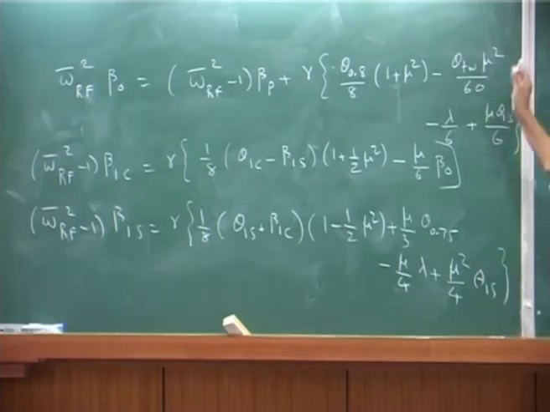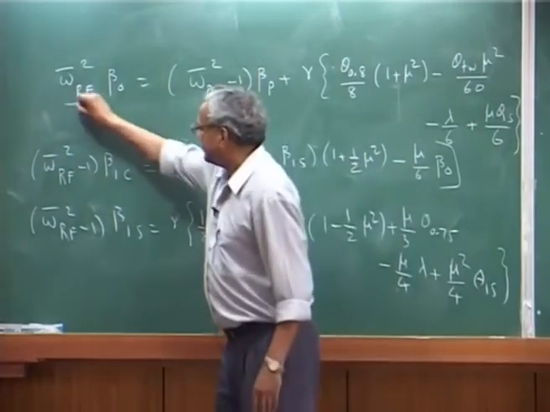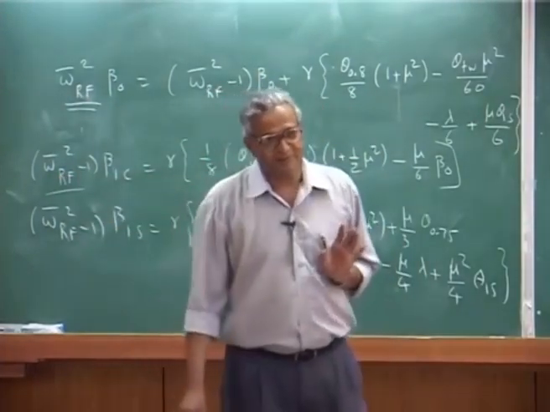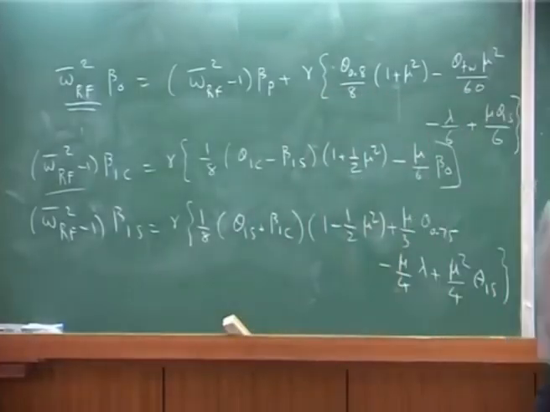You will see there is a modification in the beta naught, beta 1c, beta 1s because of change in the flap frequency. Now, you have to solve this equation to get your beta naught, beta 1c, beta 1s.